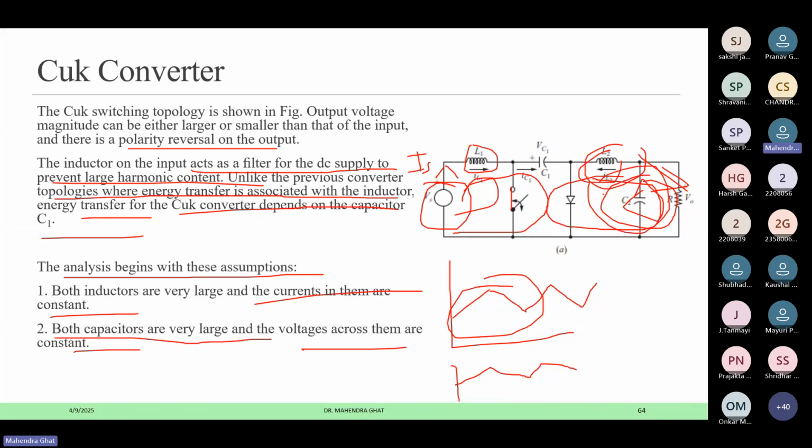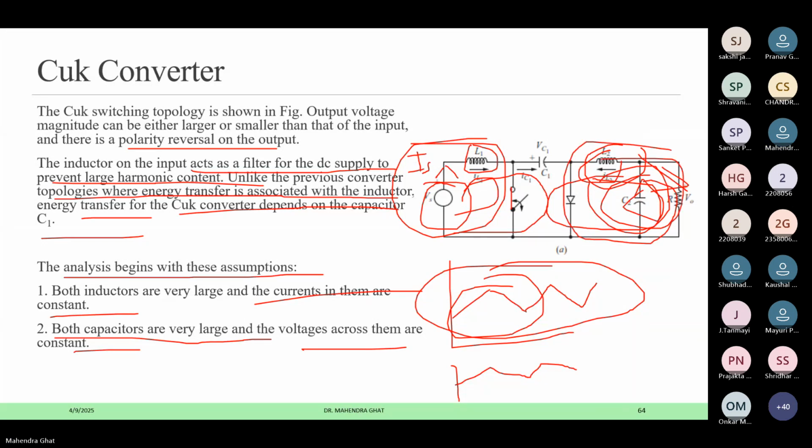What we can conclude is that it has filtering at the input source as well as the output, and there is no abrupt change in the input current in this converter. Those are the advantages we get for the Cuk converter.